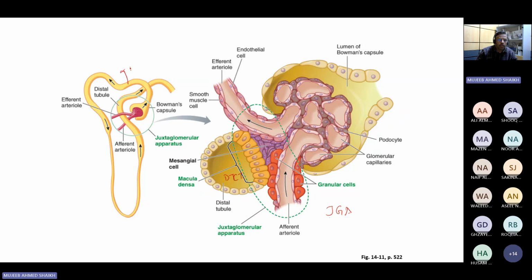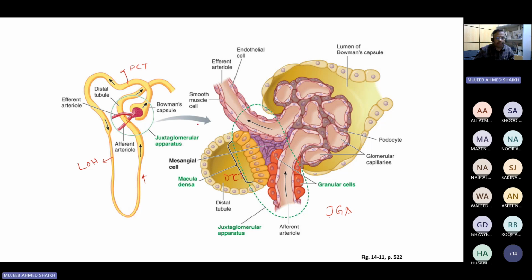This is the proximal convoluted tubule, going down to the loop of Henle, descending limb and then ascending limb, and then it becomes the distal convoluted tubule. It passes between the afferent and efferent arteriole.